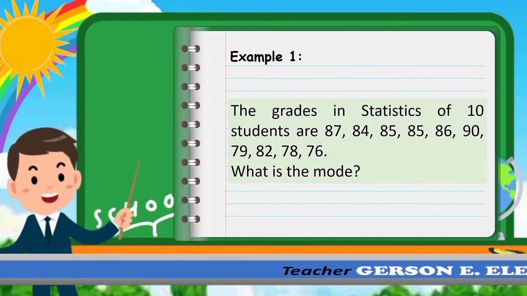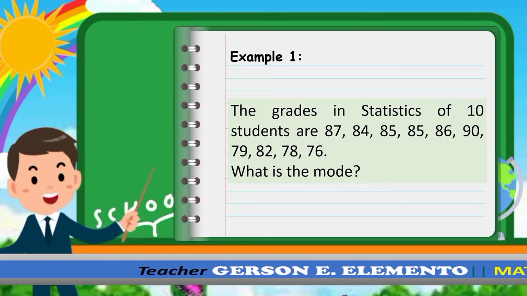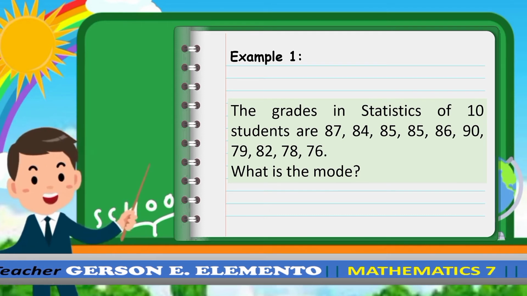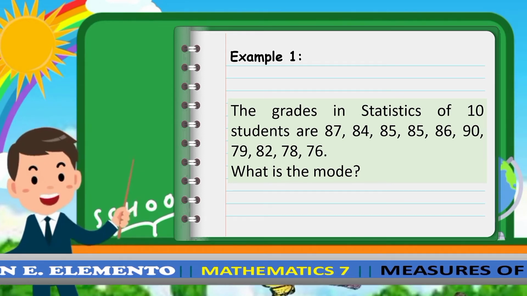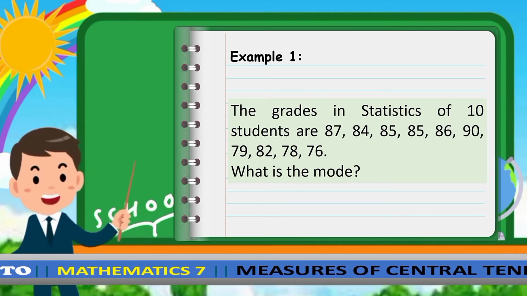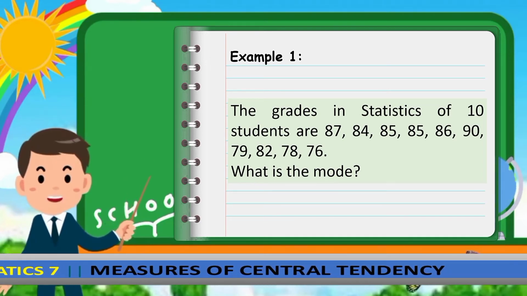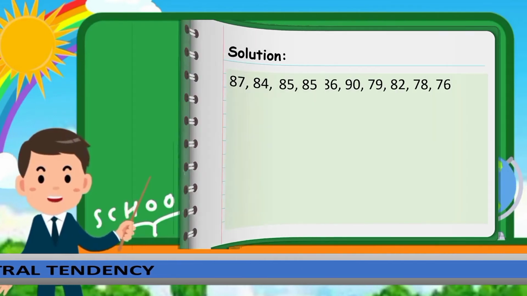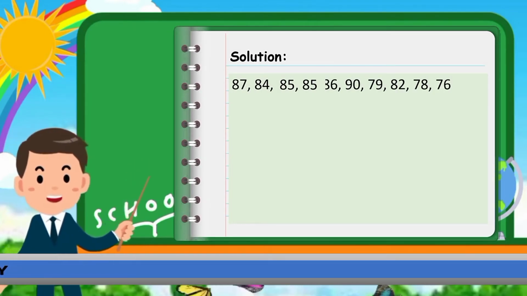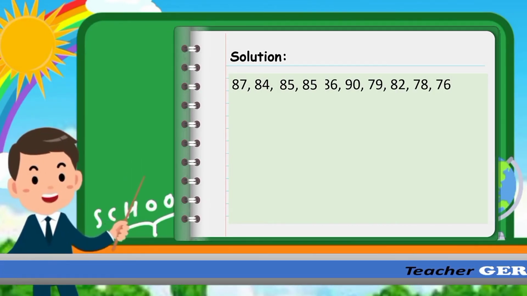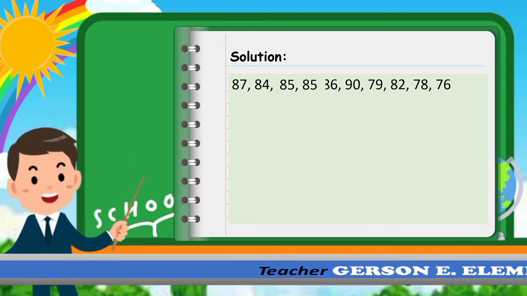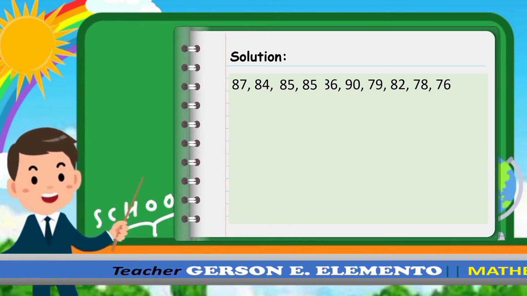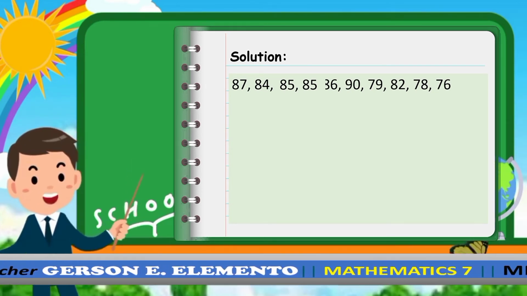Here is example number 1. The grades in statistics of 10 students are 87, 84, 85, 85, 86, 90, 79, 82, 78, and 76. What is the mode? Solution. We have the given 87, 84, 85, 85, 86, 90, 79, 82, 78, and 76.